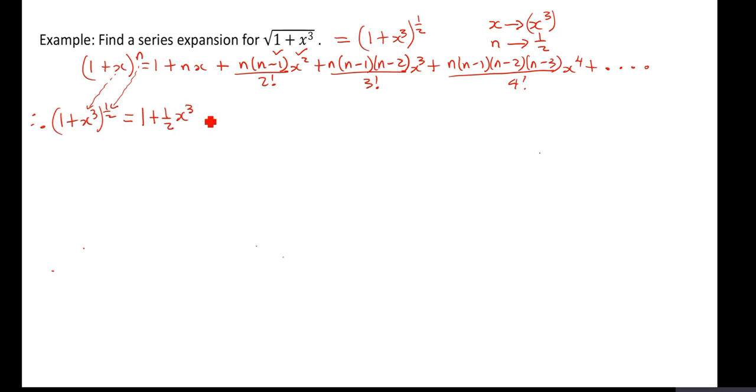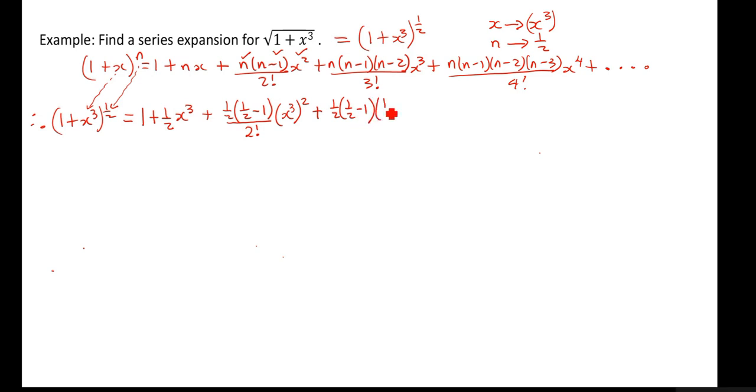The next term, n is a half, then a half minus 1 over 2 factorial, x cubed all squared. Merely substituting: wherever I see n, I put a half, wherever I see x, x cubed. Continue.